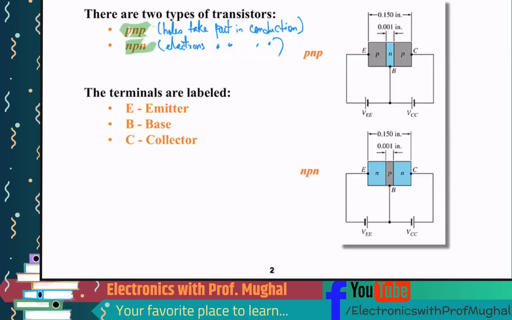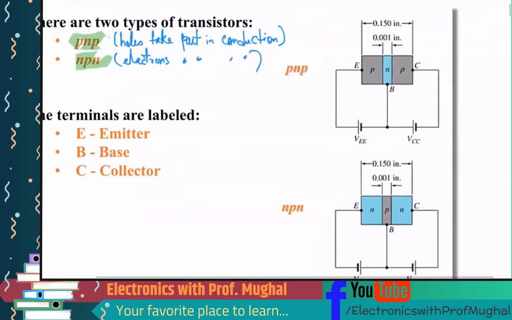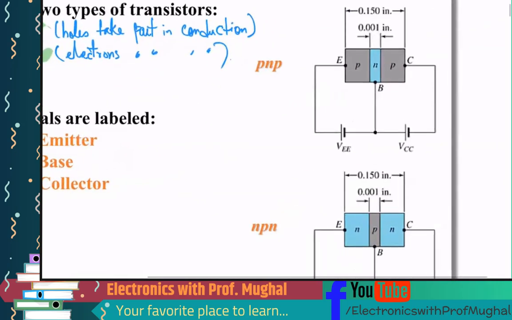So we'll see how both PNP and NPN look. If you look at the graphic in the top right, this is PNP. PNP basically means you have p-type material, n-type material, and p-type material, sandwiched together. So you've got two junctions here, right?